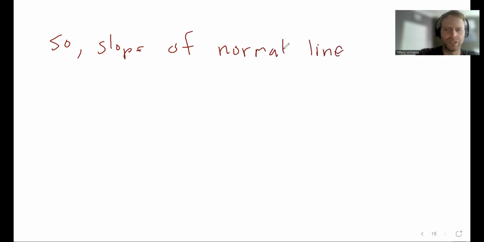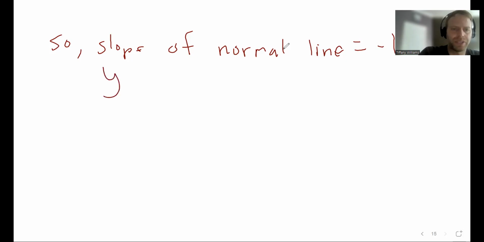So the slope of the normal line equals negative 1. Okay? So now to find the equation of it, again, we'll use point-slope.